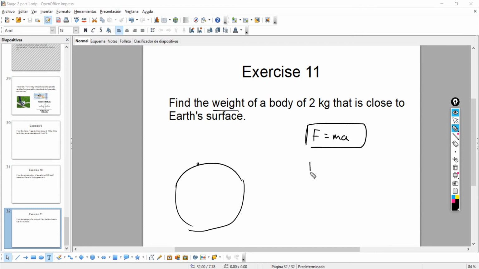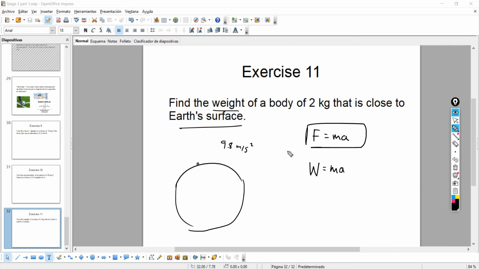In other words, the weight has to be equal to the mass of the object times the acceleration of the object. But we know, or perhaps you know, that the acceleration that a body experiences close to the surface of the Earth is about 9.8 meters per second squared, which is known as the acceleration due to gravity, right?